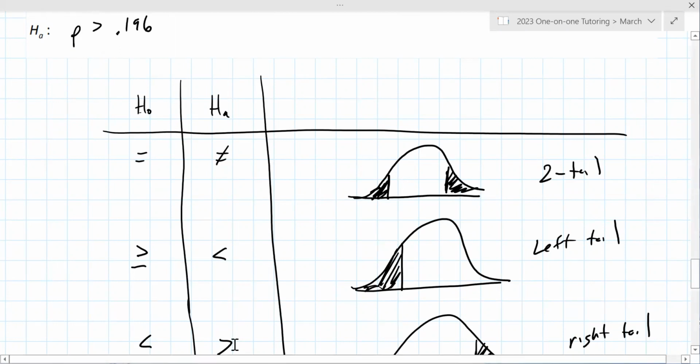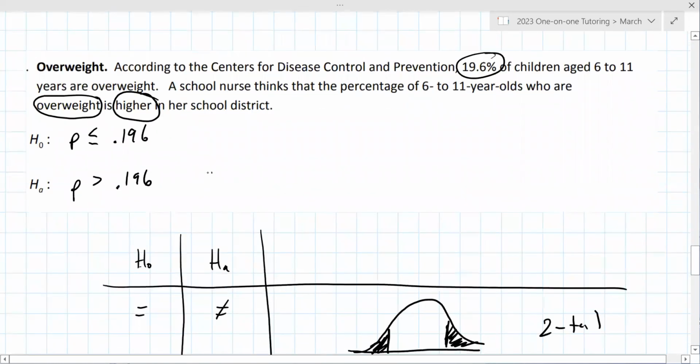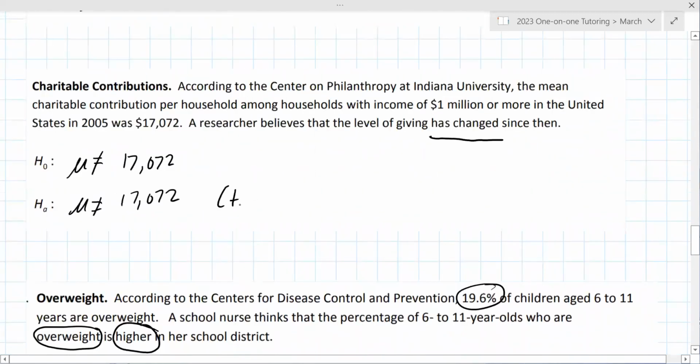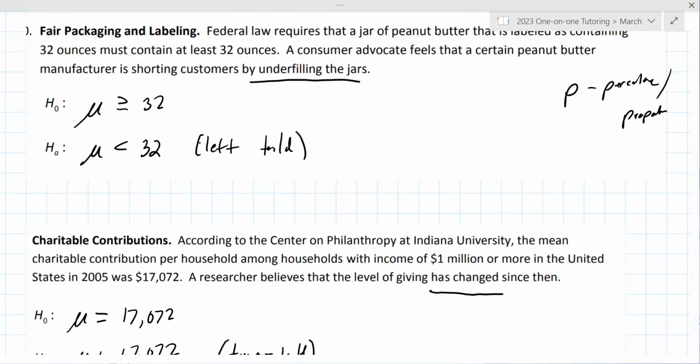So it matches up. Oh, right-tailed. All right, so this is right-tailed. This is two-tailed. This one is left-tailed. You can go back and look at those if you want.